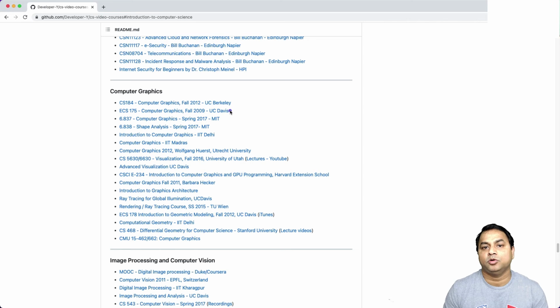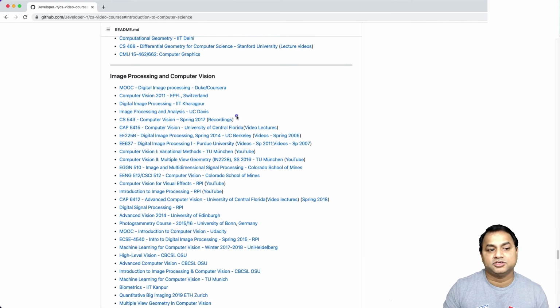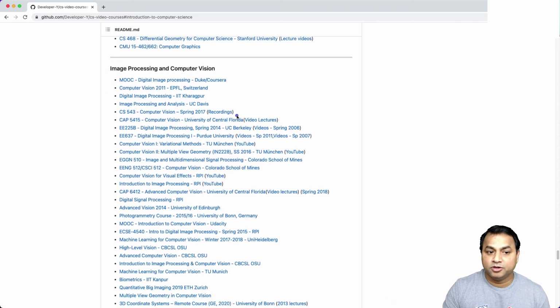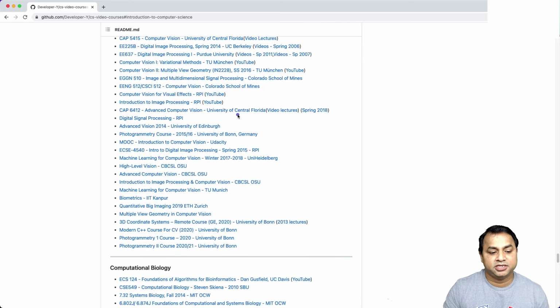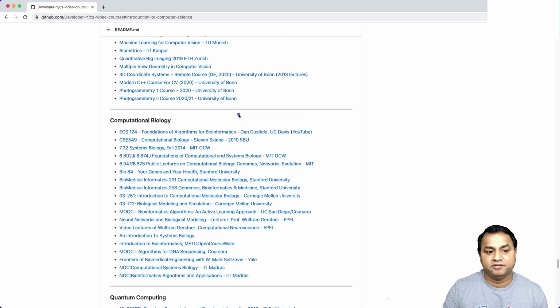At least they will talk about the basic graphics on WebGL, how the colors come, how we can do WebGL programming, how to rotate objects. Those are the basic things you need to understand about how computer graphics works. And then image processing and computer vision, that's another big subject they have. So you can see the list of things available.